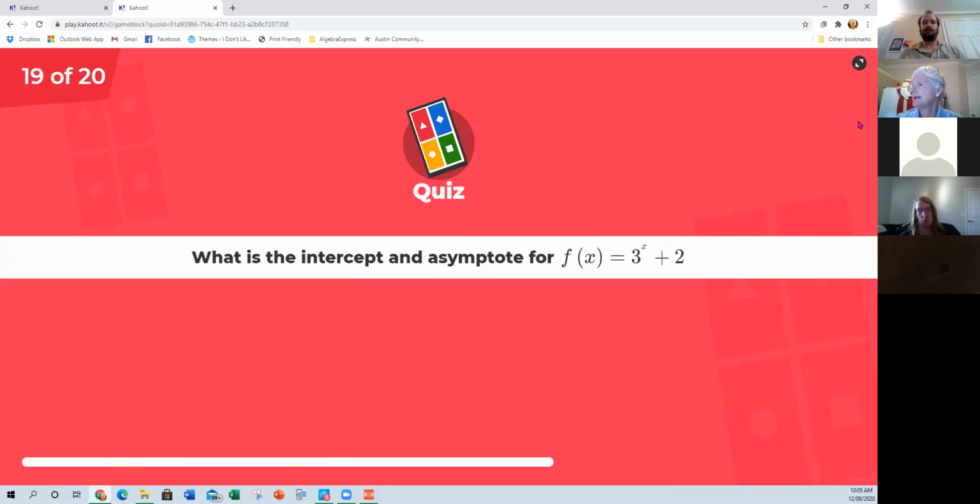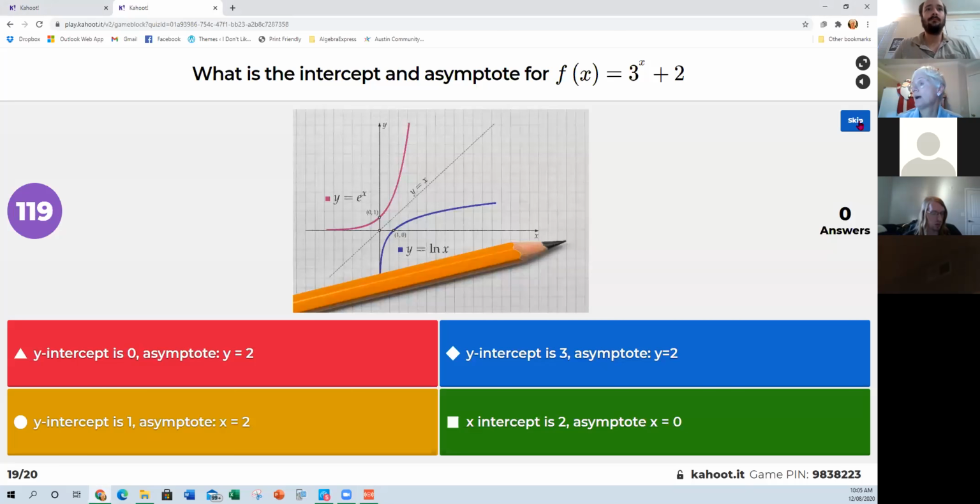Now these on the test, we will actually be asked to graph them and tell me the intercept and the asymptote. You'll have to be able to graph this.